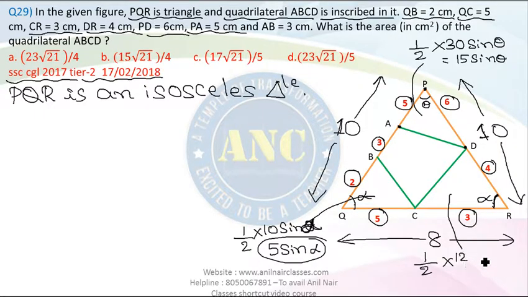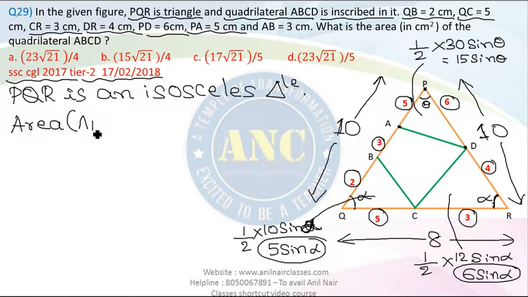It is 3 into 4 is 12, so half of 12 sine alpha, or in other words the area of that triangle is 6 sine alpha. But I don't know the values of alpha and theta at this present moment, right?